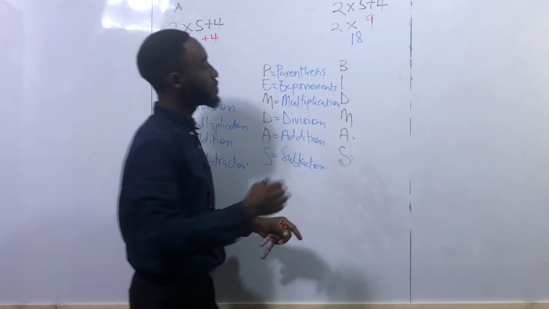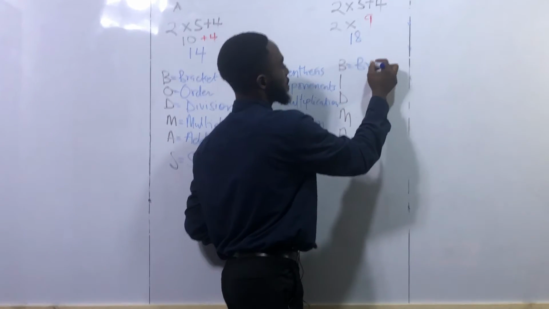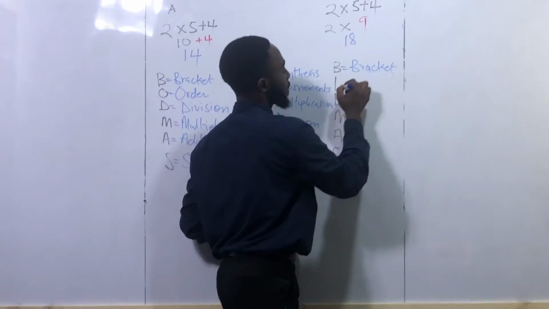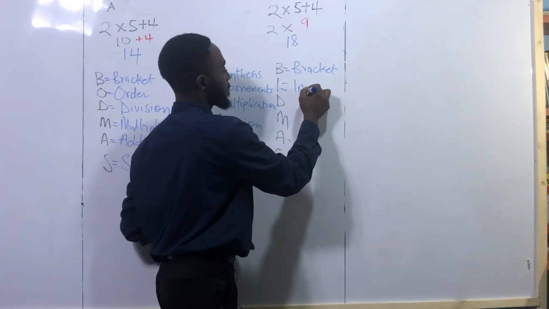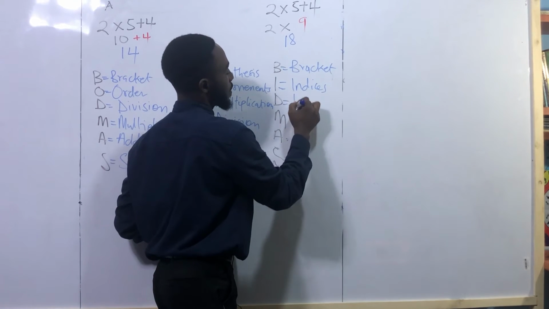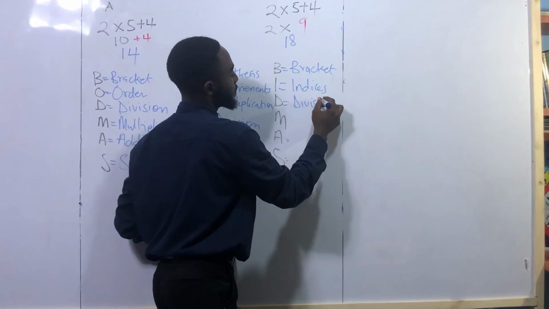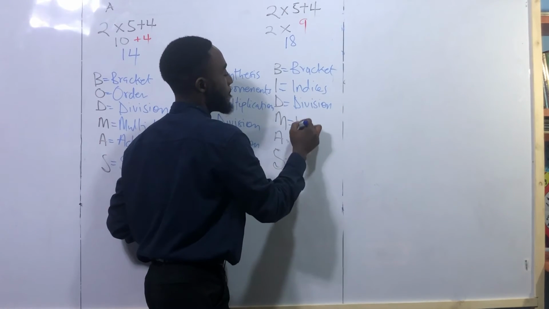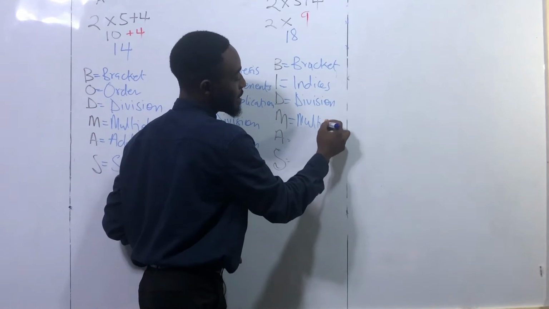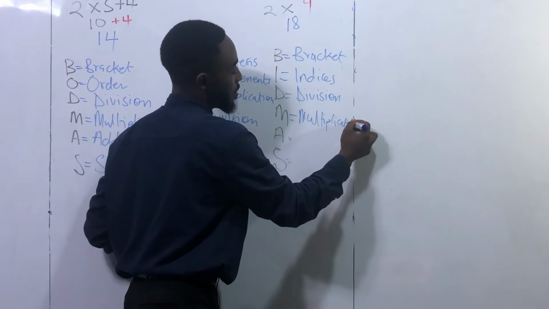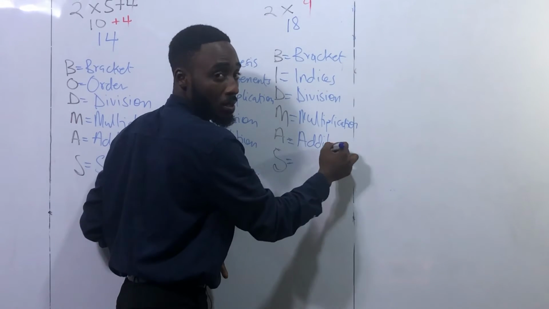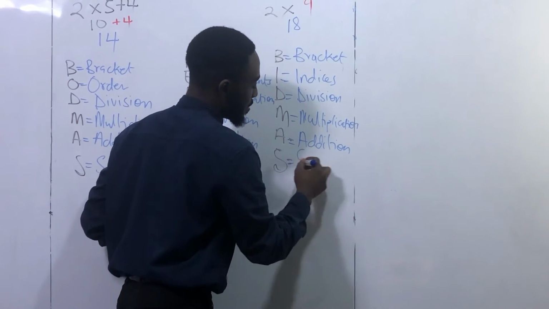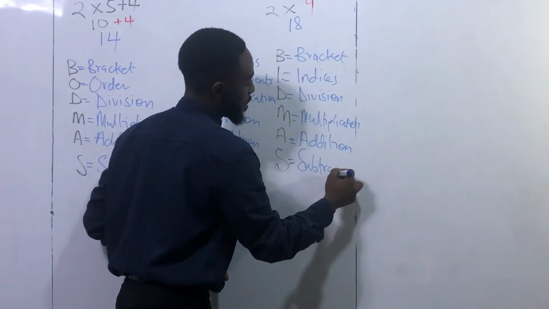Now the last one, still brackets, the order or the exponent speaks of indices. Division, multiplication, addition, and then subtraction.